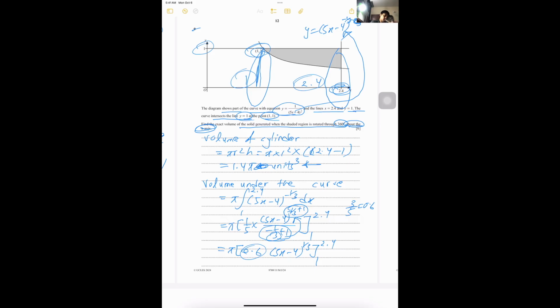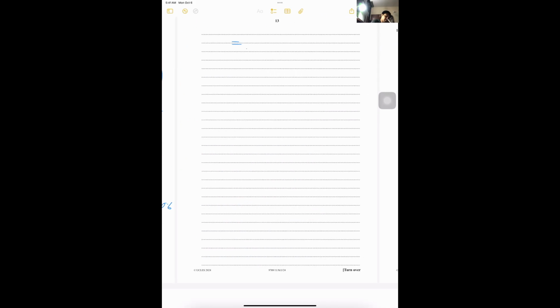Okay, so pi 1.2, right, 0.6. This gives you 0.6 pi units cubed, right? Therefore shaded volume, show the placing of the limits, just don't show this line, right? I'm just showing it for now.